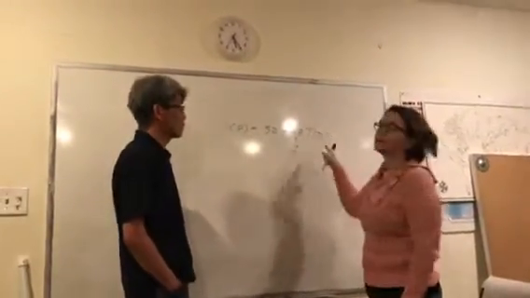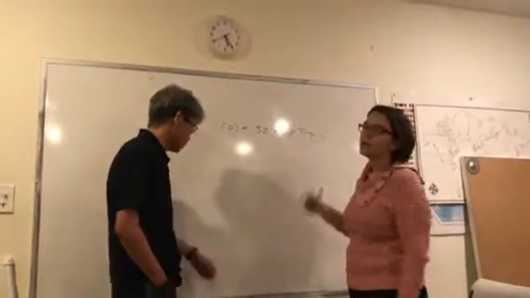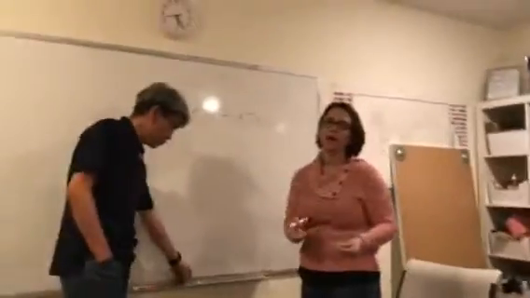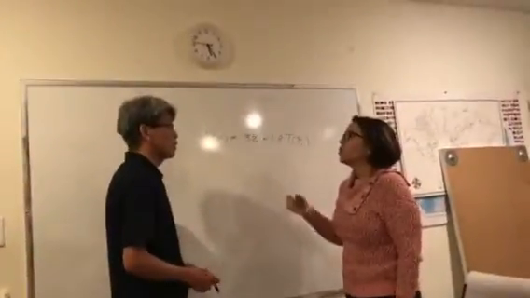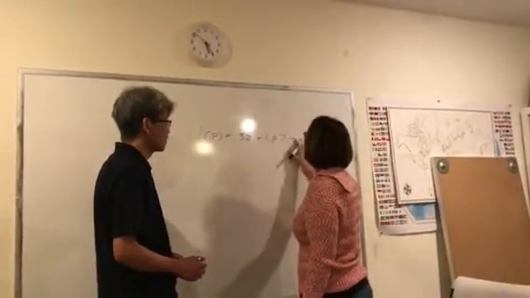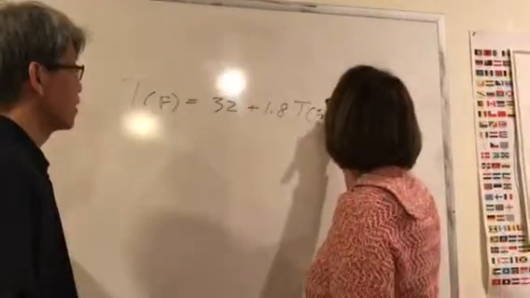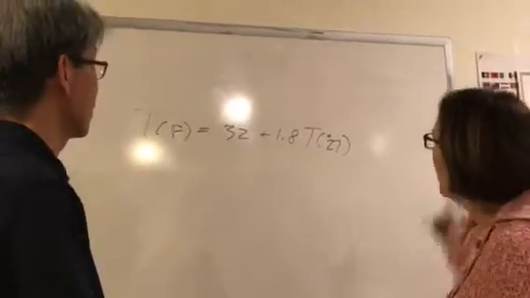Let's say we know what the Celsius is outside. Okay, I'm going to erase that too. Let's say that outside right now, the Celsius is 27 degrees. That's pretty warm. Okay, so I'm going to do this again.